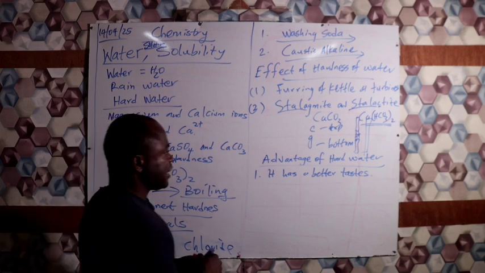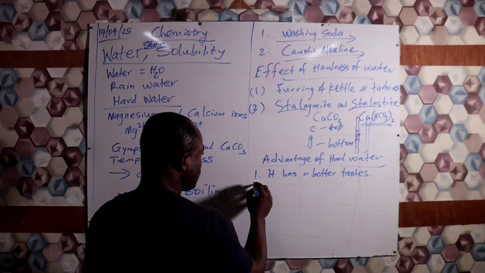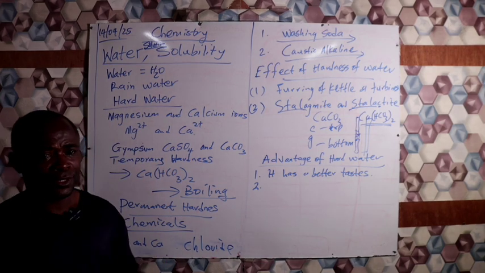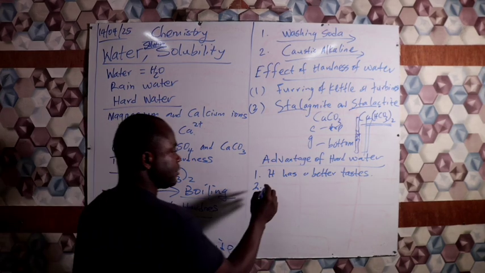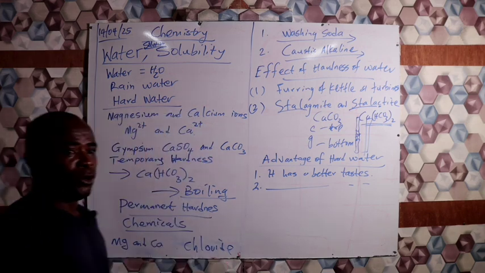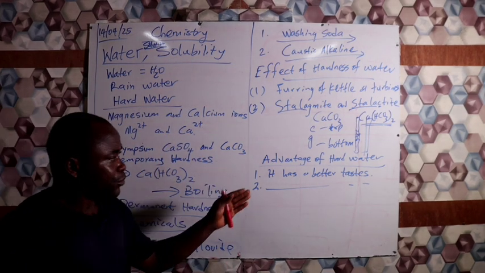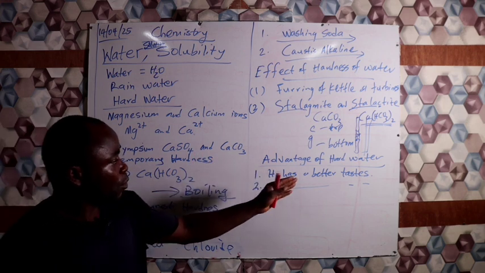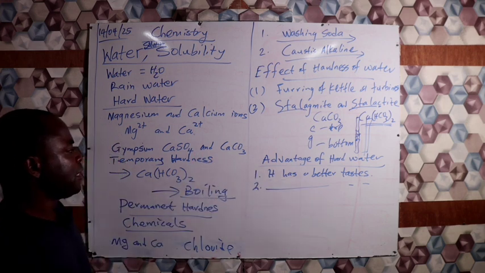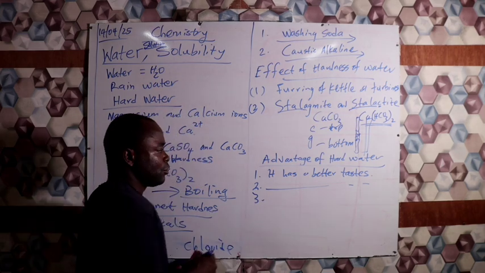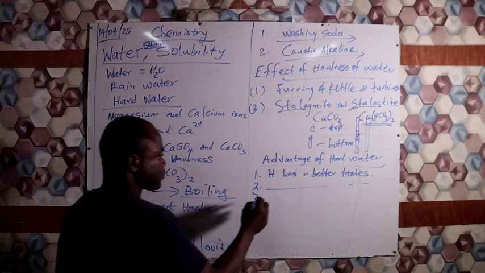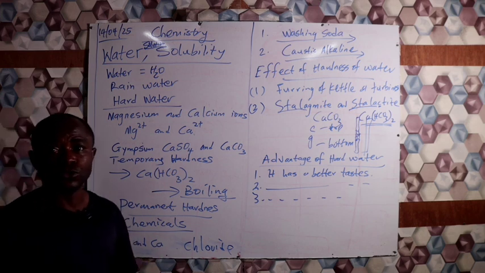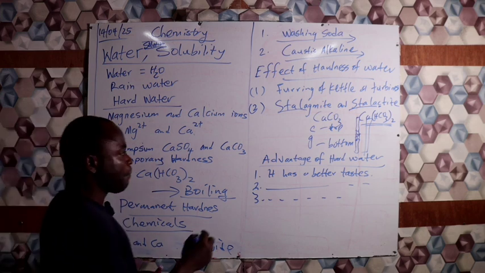Then two, hard water can be used in pipes because it does not react with the steel in the pipes. Then apart from that, hard water, when consumed, gives stronger teeth and bones.